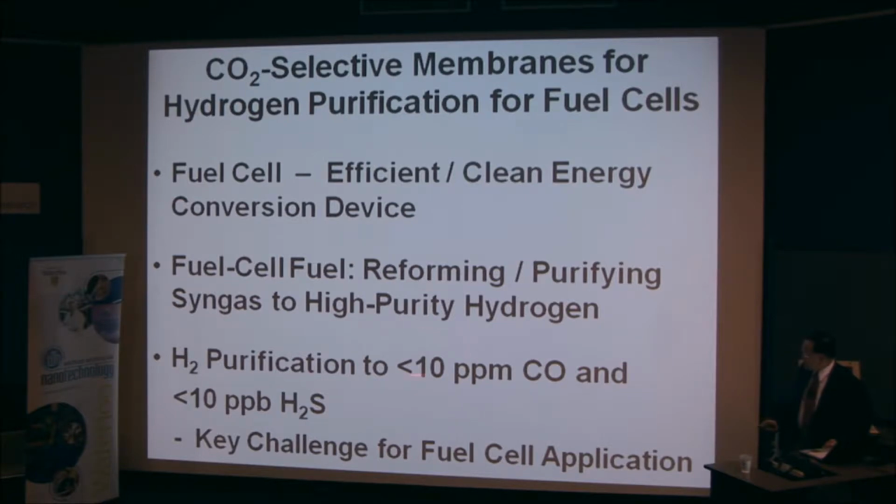Okay, and so for the fuel cell to work well, we like to have a carbon monoxide to go down to less than 10 parts per million, 10 ppm, and hydrogen sulfide is another poison that preferably to get down to less than 10 parts per billion.